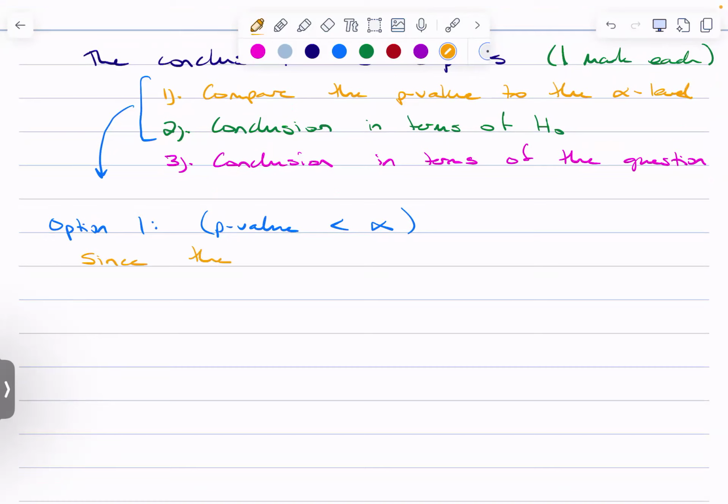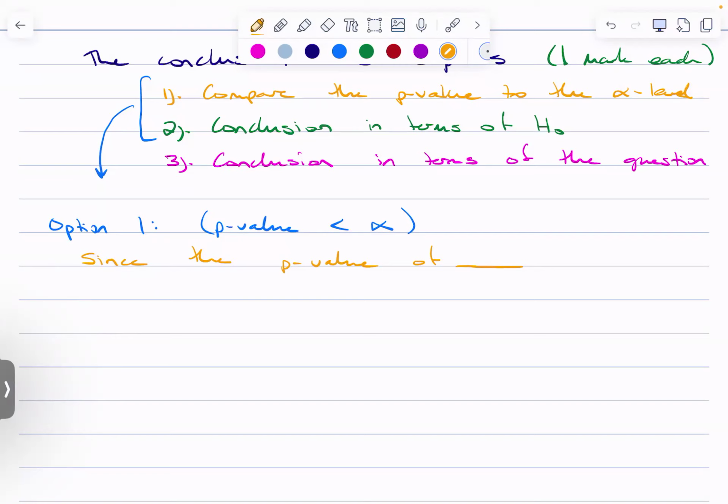And usually I say 1-sided or 2-sided here, but I'll hold off on that because we haven't really talked about it. So since the p-value of, you always want to show off that you know what number you're referring to. And so someone should be able to read your conclusion and get all the information that you worked to get in the previous parts.